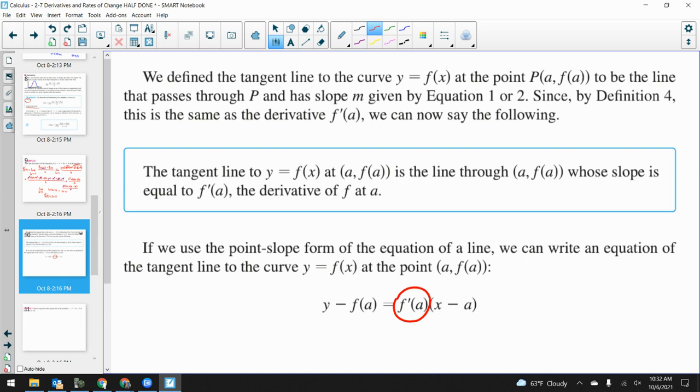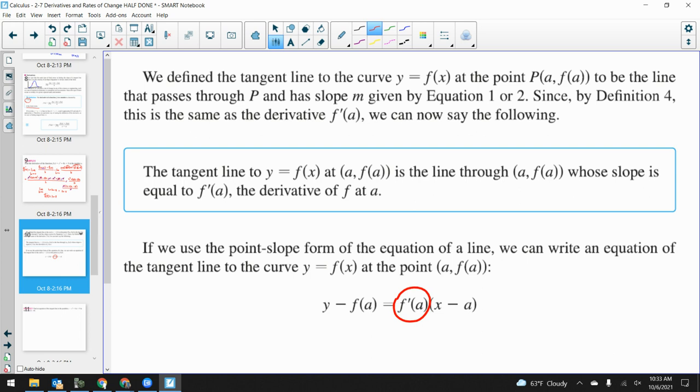And x is a, so we substitute in y minus f of a, the y value when I plug it in. Like yesterday we were using that 1 comma 1. y minus f of a is equal to m, our derivative, times x minus a. That is truly going to be our equation of the tangent line.